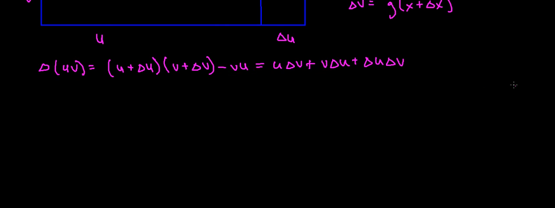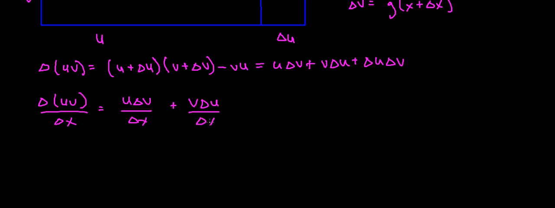So I'm going to divide everything by delta x. And since I'm interested in the derivative, then I need to take the limit of delta x as it goes to 0. So this is what it's going to look like.